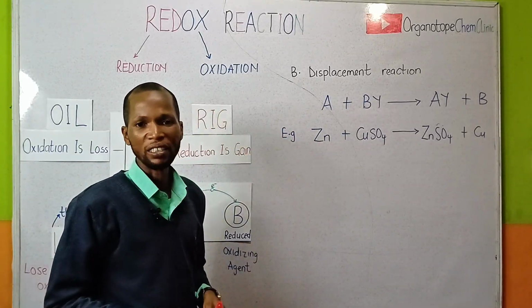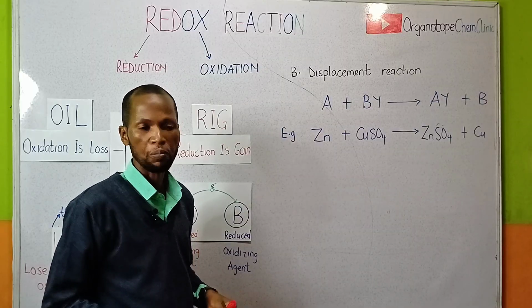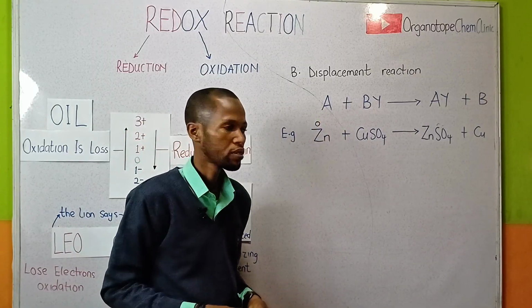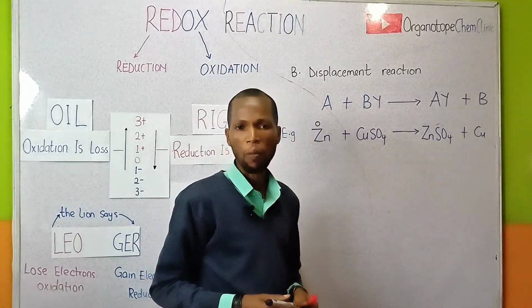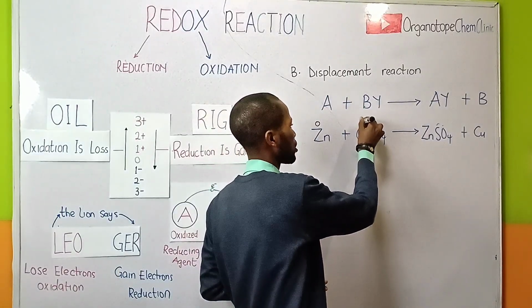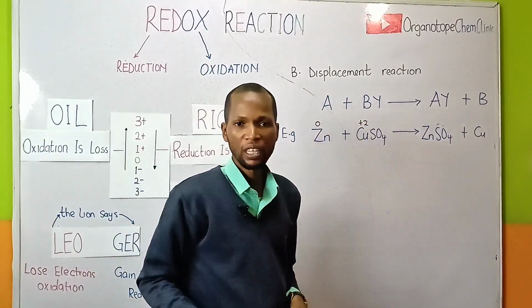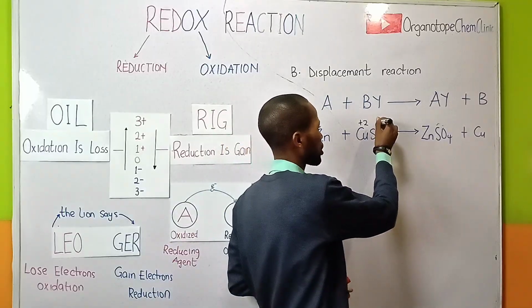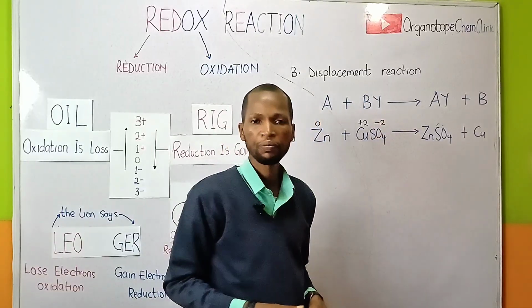Let's check our zinc atom right here, which is the parent atom. It has the oxidation number of 0. Then the copper in its combined state has oxidation number of +2. The sulfate as a group of ion has the oxidation number of -2.